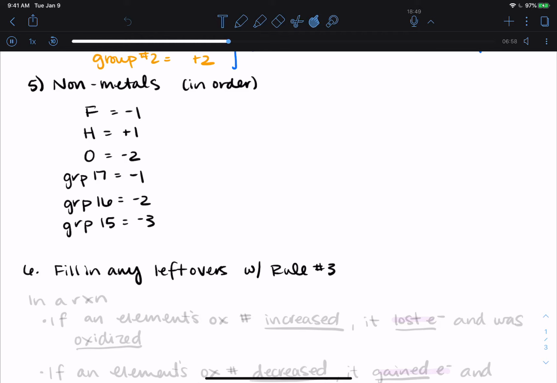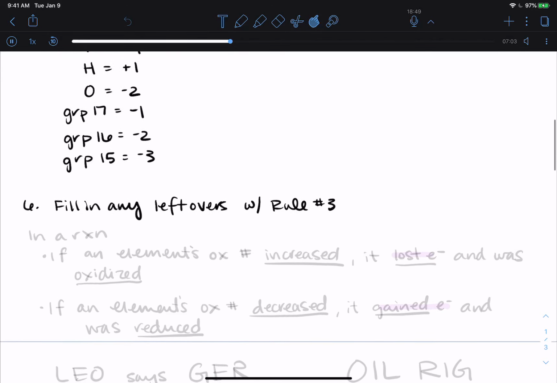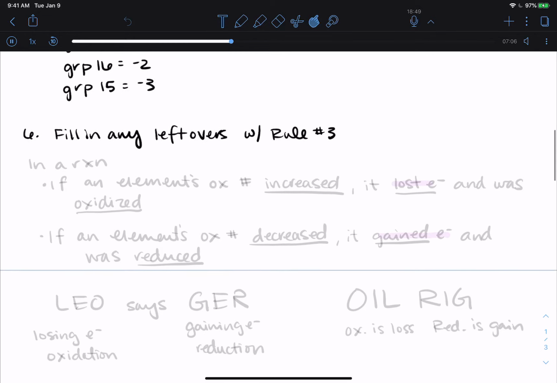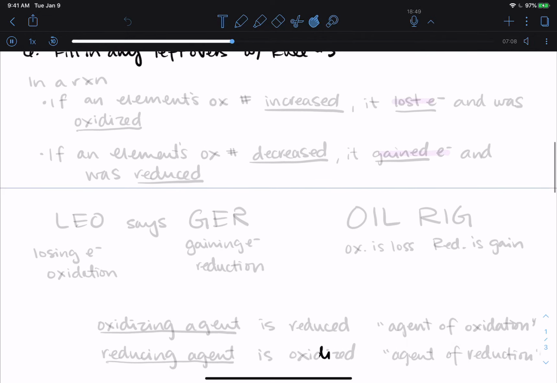Okay, so once you have oxidation numbers for everything, we're looking to see if the oxidation numbers for a specific element change as the reaction happens.